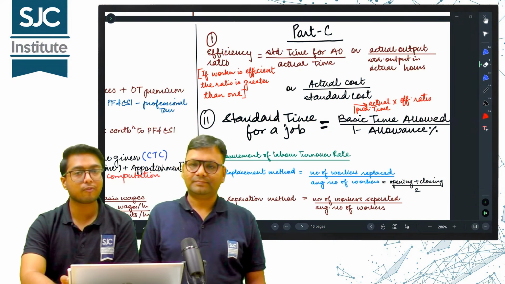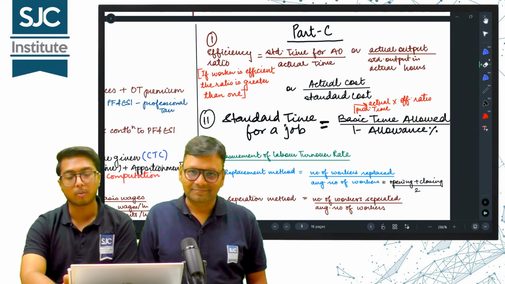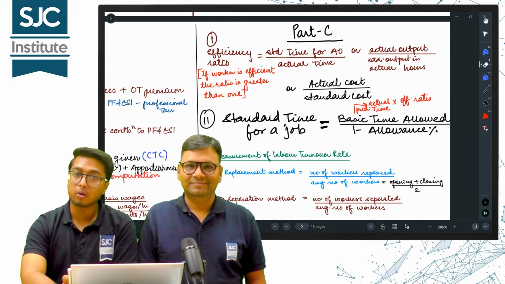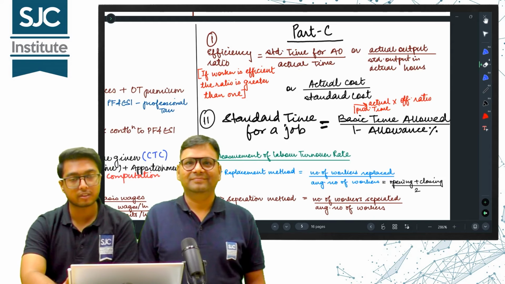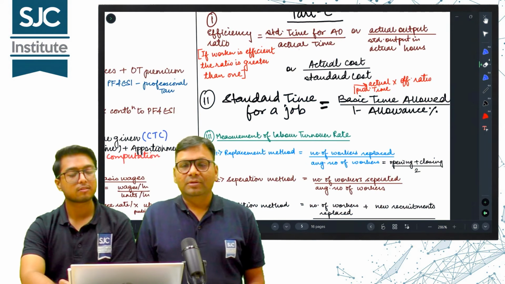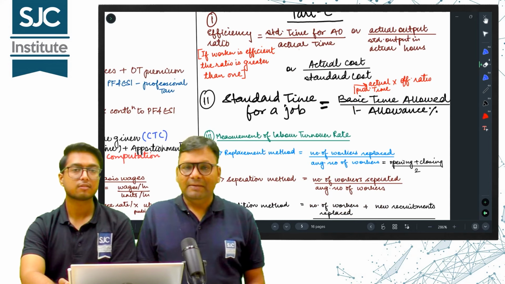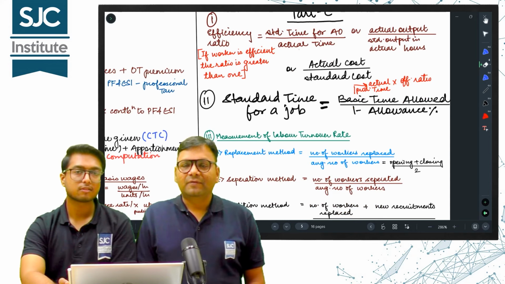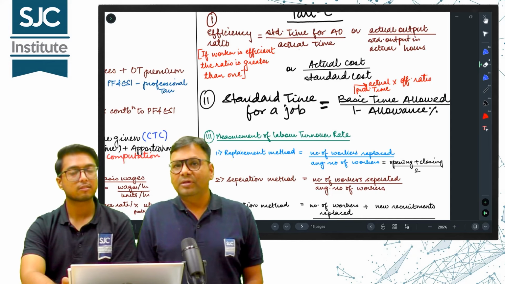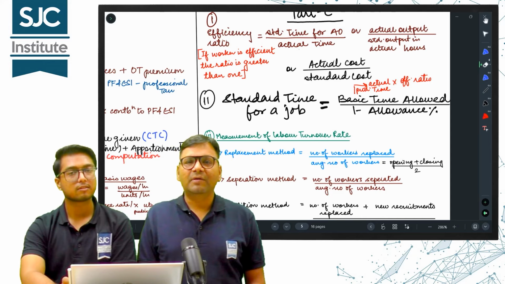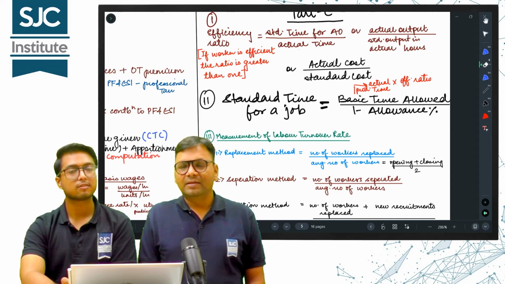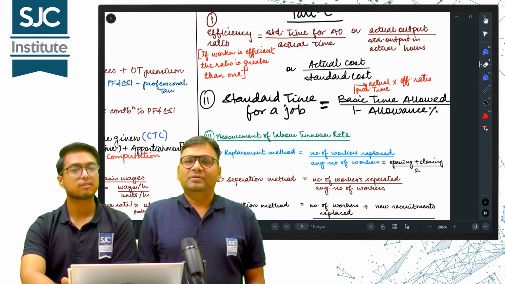Now let us learn what is the formula for standard time for a job. It is basic time allowed divided by 1 minus allowance percentage. What is this basic time allowed? Basic time allowed is nothing but actual productive time multiplied by efficiency ratio. And this formula can also be understood from the previous efficiency ratio formula on time basis. There it was efficiency ratio is equal to standard time divided by actual time.